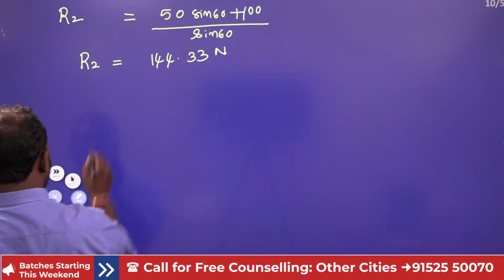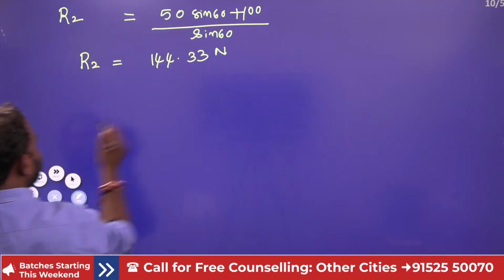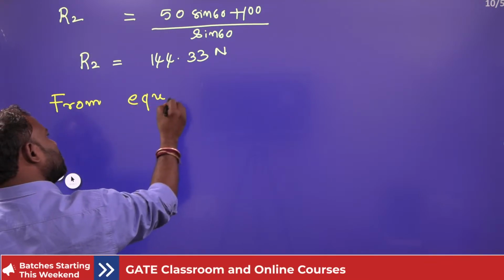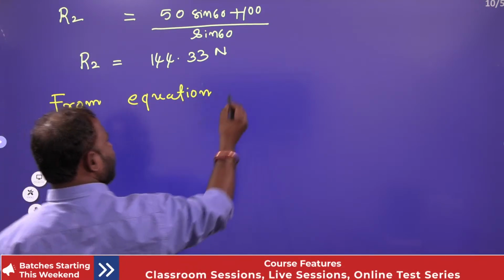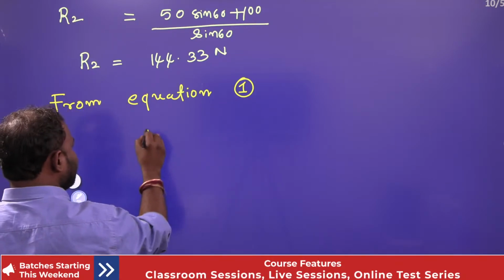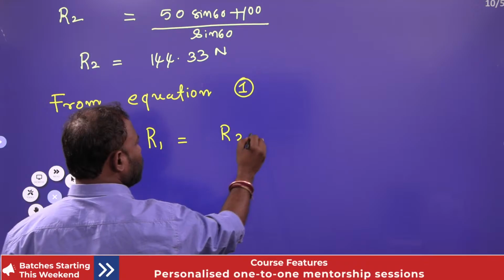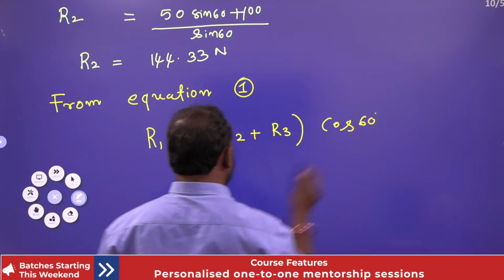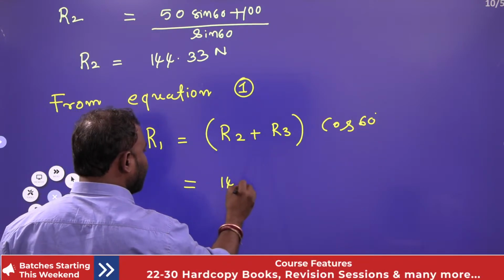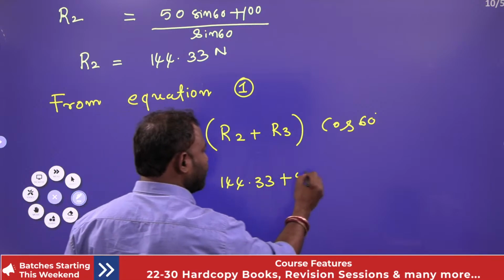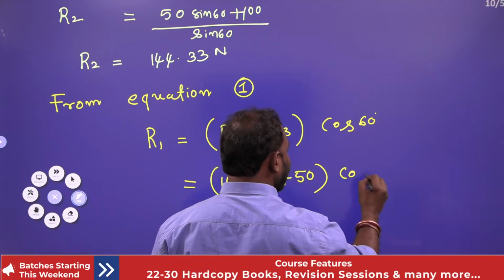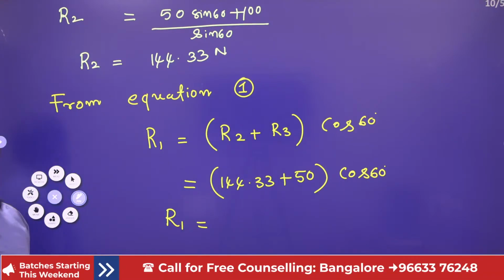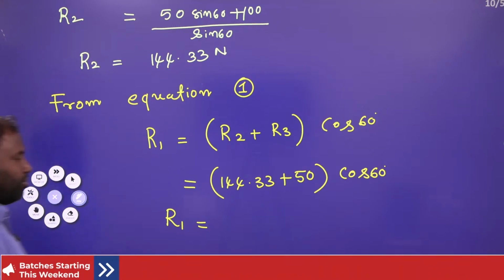From equation 1, R1 is equal to R2 cos 60 plus R3 cos 60. With R2 as 144.8, R1 I am going to get is 115.47.